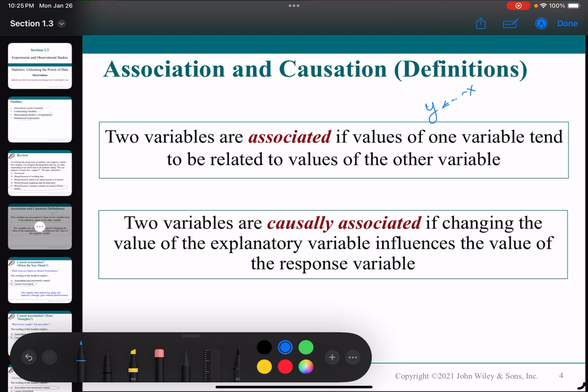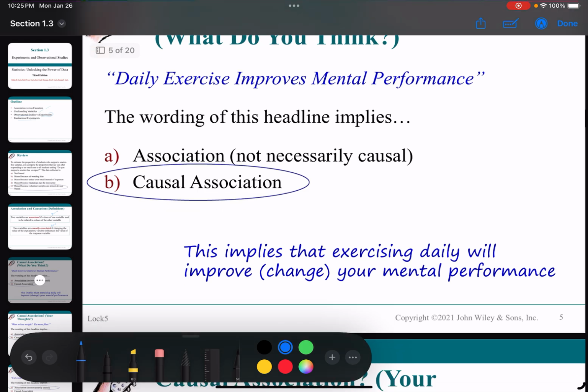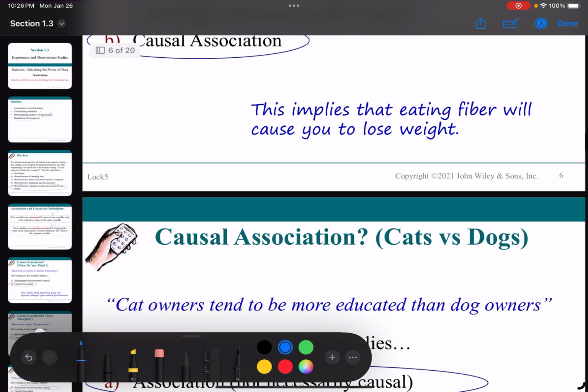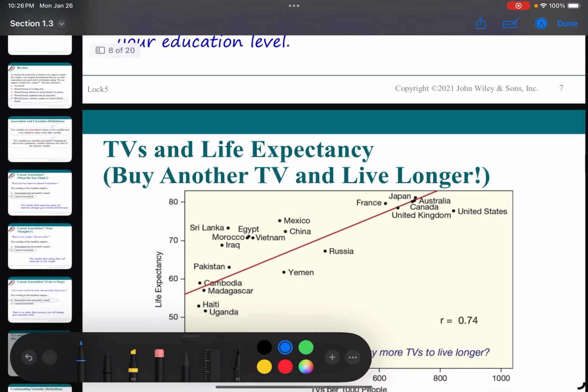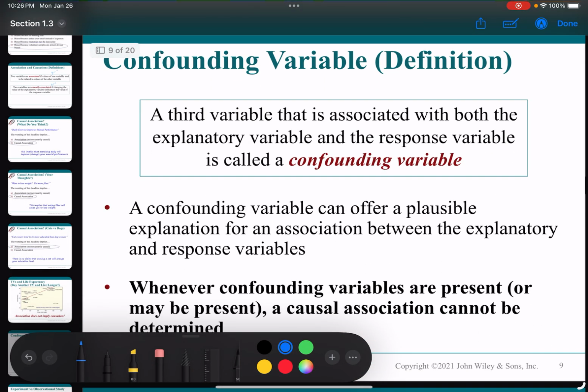On the other hand, if two variables have a strong relationship, then we call it causation, or they are causally associated. Based on the example we discussed, I think it's clear for you to understand the difference between causation and association. So I'll skip those examples now.